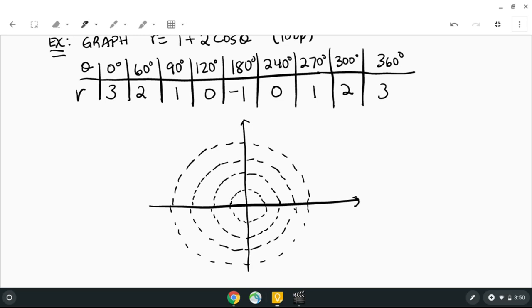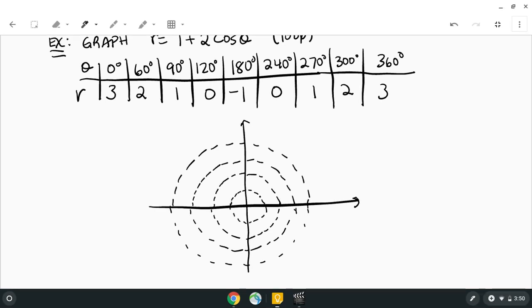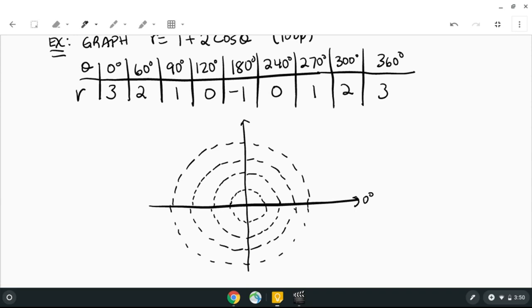Okay, so let's just kind of stop there. Okay, so here is 0 degrees, 90 degrees, 180, 270. And then we'll be looking at the 4 angles in each quadrant that have reference angle 60.